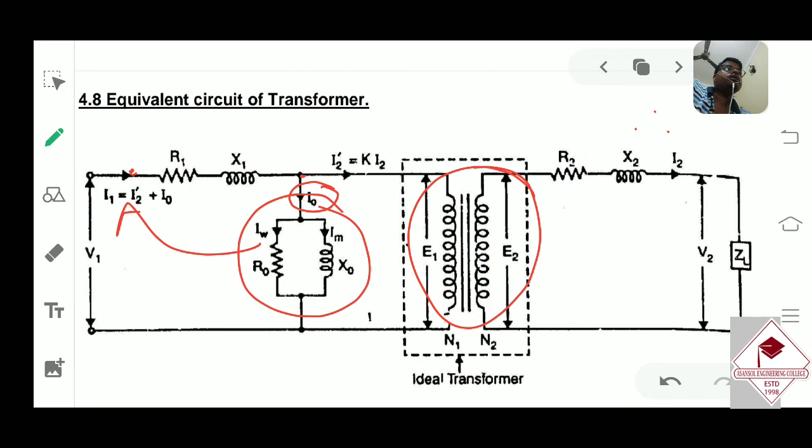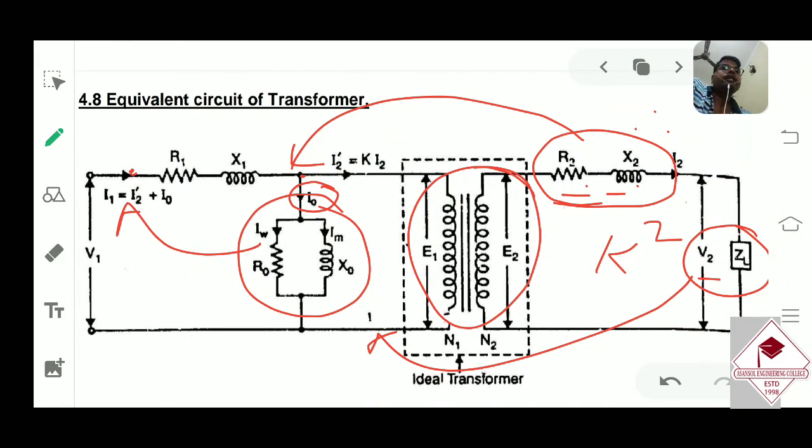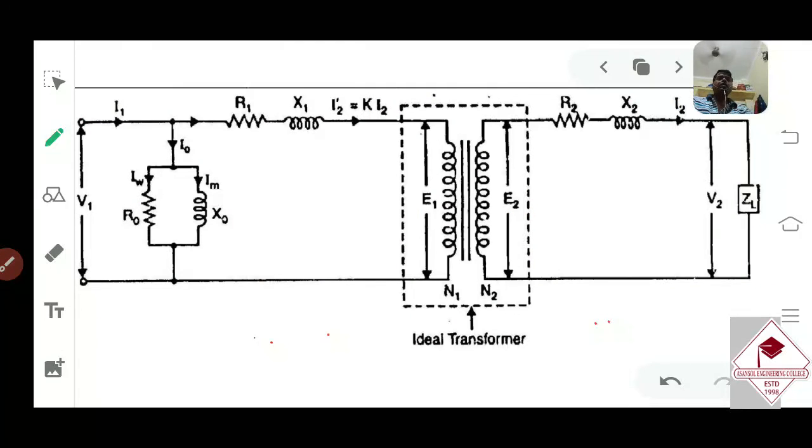To remove this core, we will transfer these values from the secondary side to the primary side, as we have learned earlier. To transfer these values, we need to divide all these individually by k square, that we have learned already. Clear?